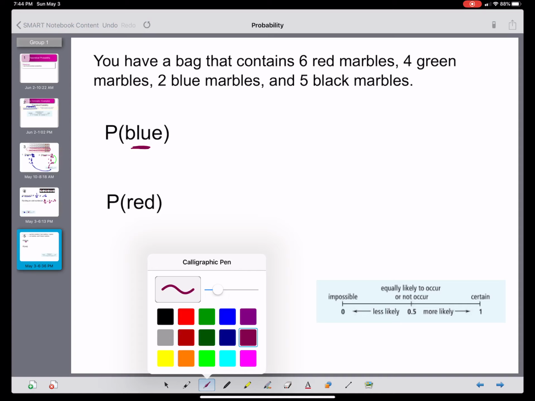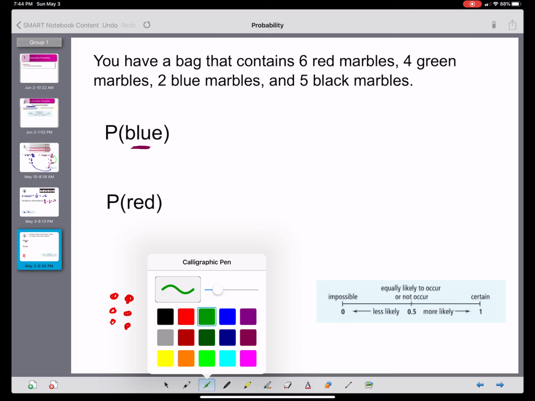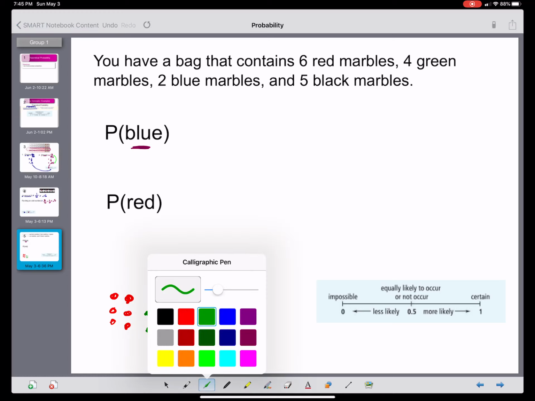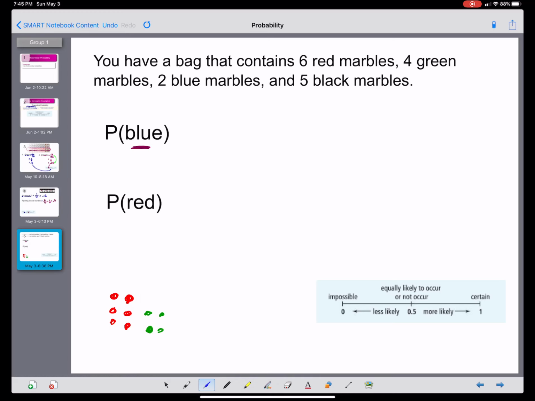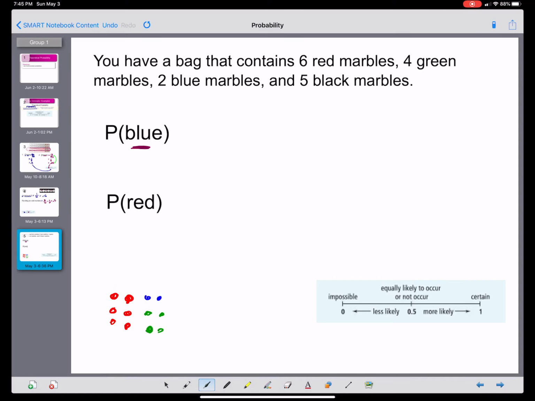I'm going to put 6 marbles in a bag: 1, 2, 3, 4, 5, 6. 4 green. 2 blue. And 5 black. Here's my bag.